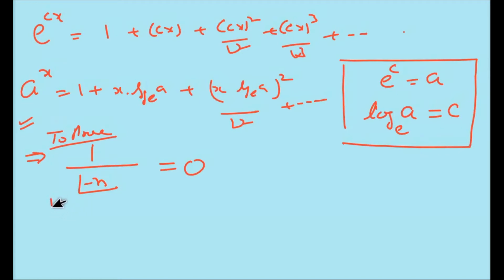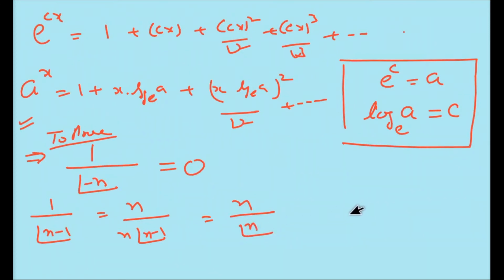We can write 1 upon factorial n minus 1 multiplied by n and divided by n, that is n upon factorial n. Now let us put n equal to 0.